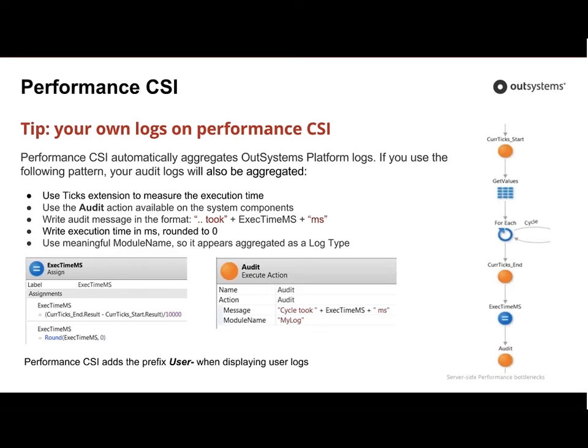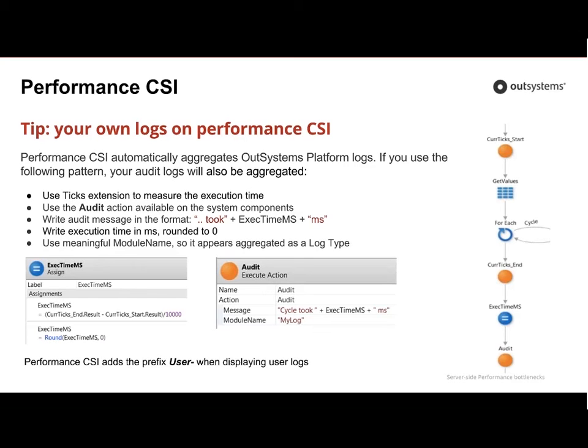In this case, the pattern should be to add an audit action into your flow. But first of all, you need to collect the time. You collect the time by using an extension with the ticks from the operating system. You combine this with the audit action, and you need to write down a message. And the message must contain what we have here.